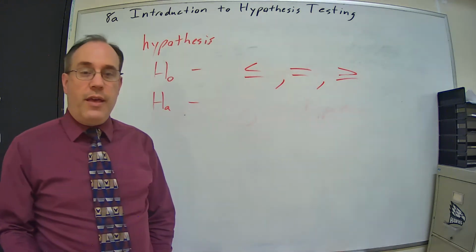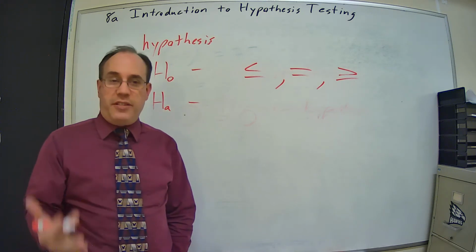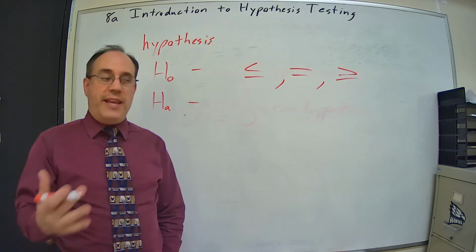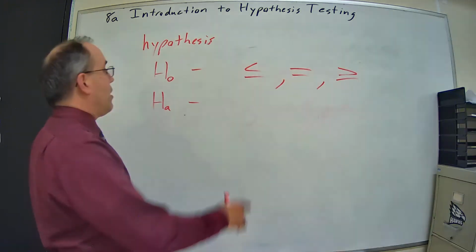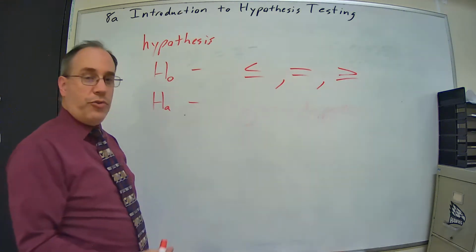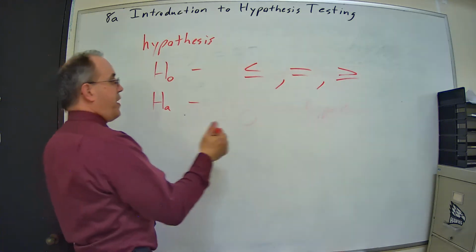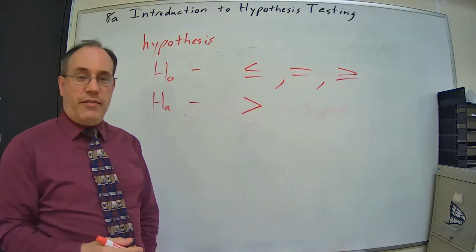to. Whereas the alternative hypothesis is the complement of the null hypothesis. Remember that the complement meant everything else, the rest. So if the null hypothesis is less than or equal to, everything less than or equal to, then the alternative hypothesis must be greater than. That's everything else.